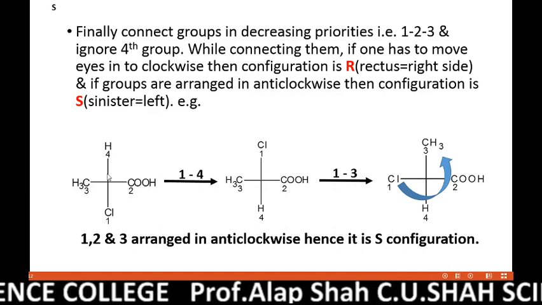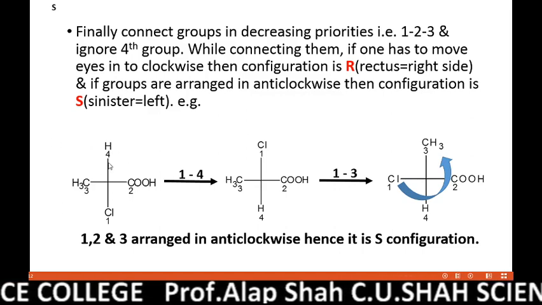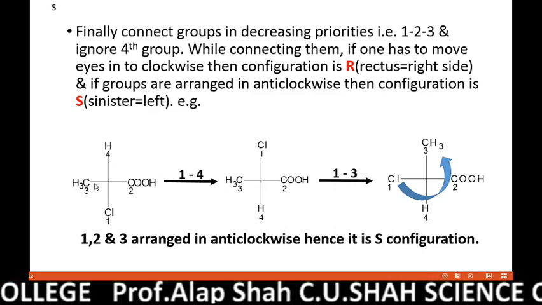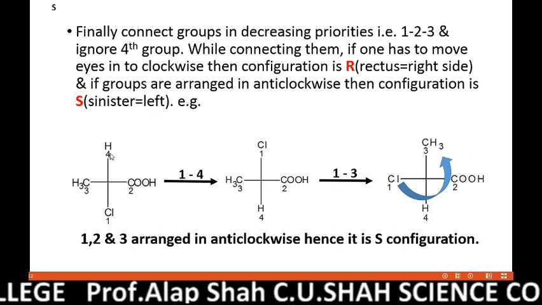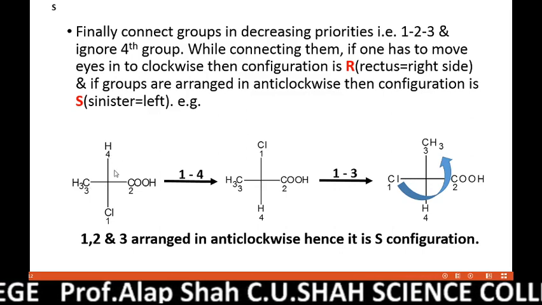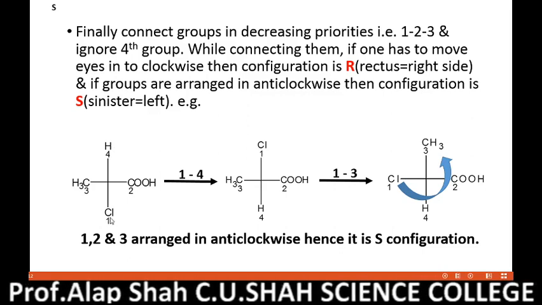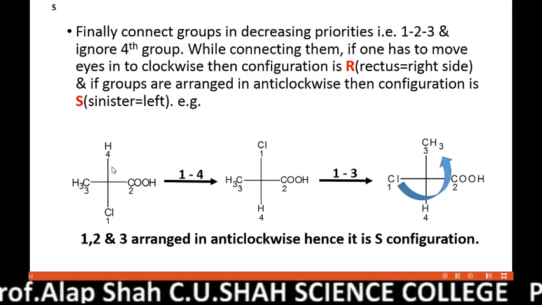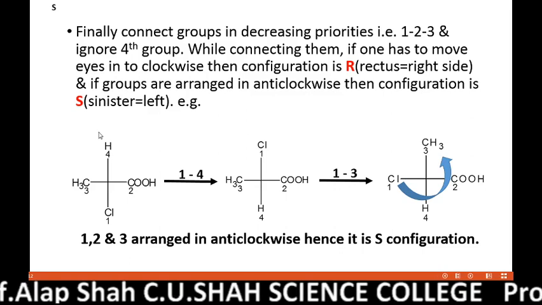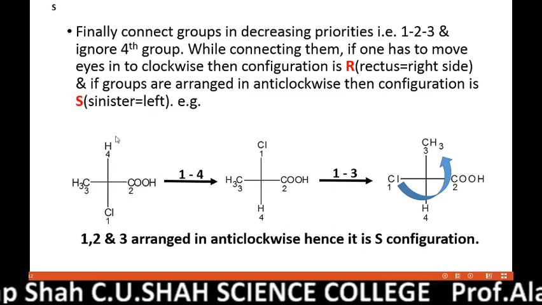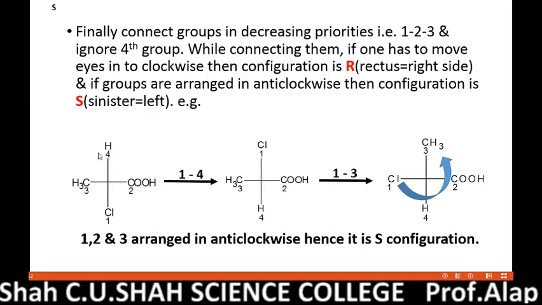As per this rule, in this particular example, chlorine is the 17th element, these two are carbon, the 6th element, and this one is hydrogen. Obviously, the higher the atomic number, the higher the priority. So number 1 is assigned to chlorine, and number 4 to hydrogen, because the atomic number of hydrogen is 1, so we assign it the least priority.